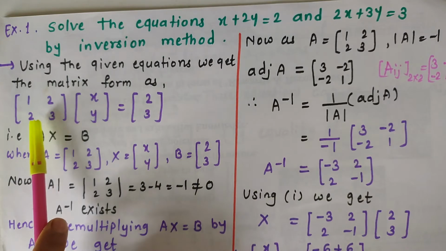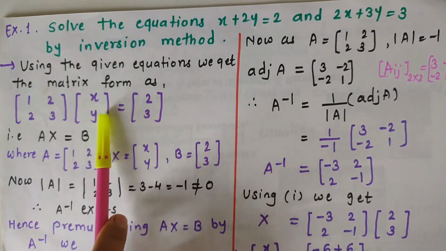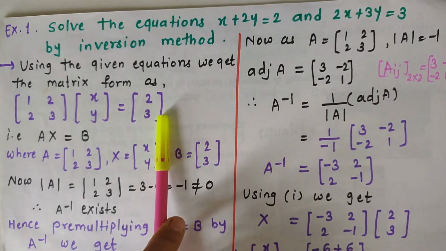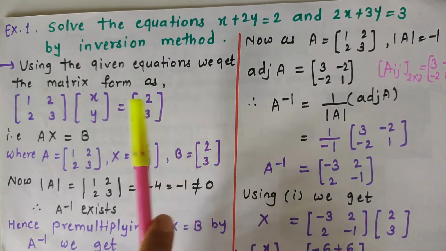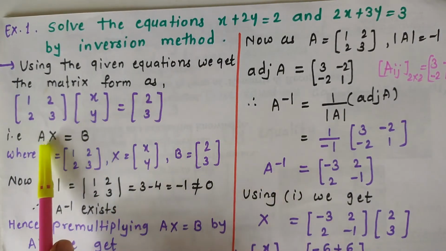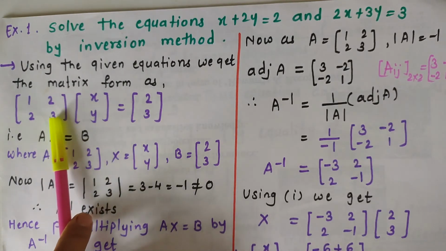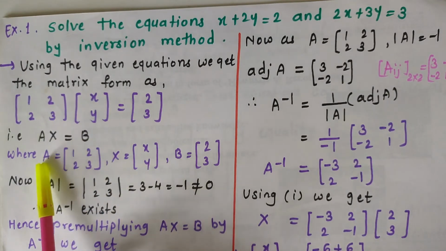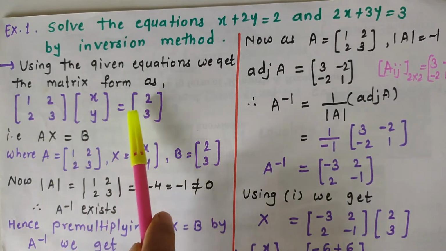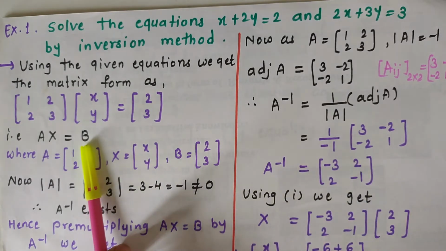The first matrix is the coefficient matrix, the second matrix is the variable matrix, equal to the matrix of constants. So write the matrix form, that is A into X is equal to B. The coefficient matrix is denoted by A, the variable matrix is denoted by X, equal to the constant matrix denoted by B.